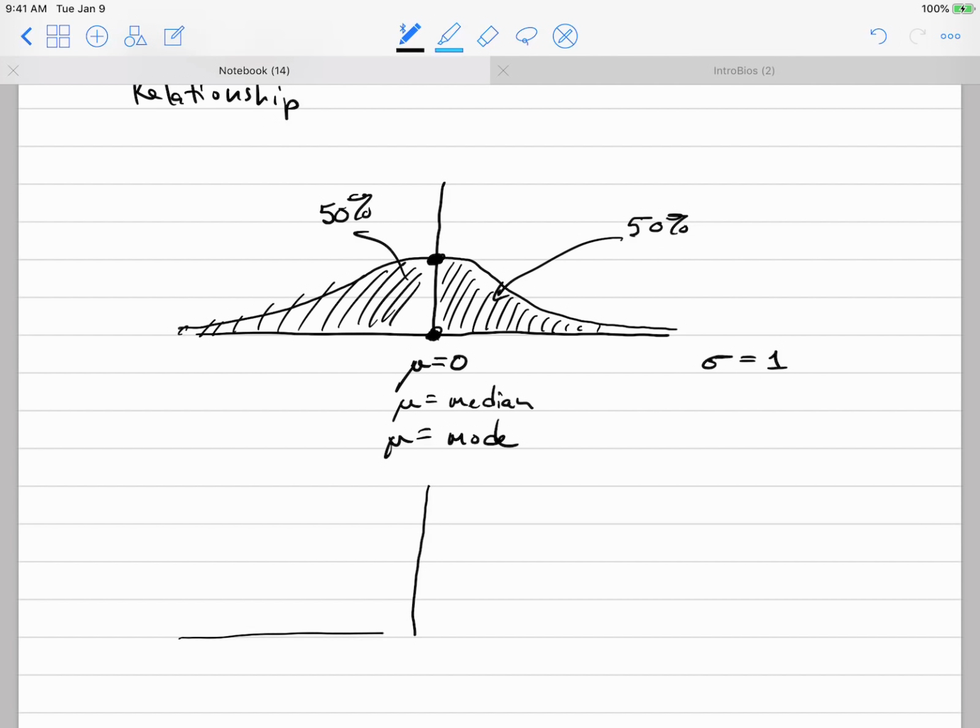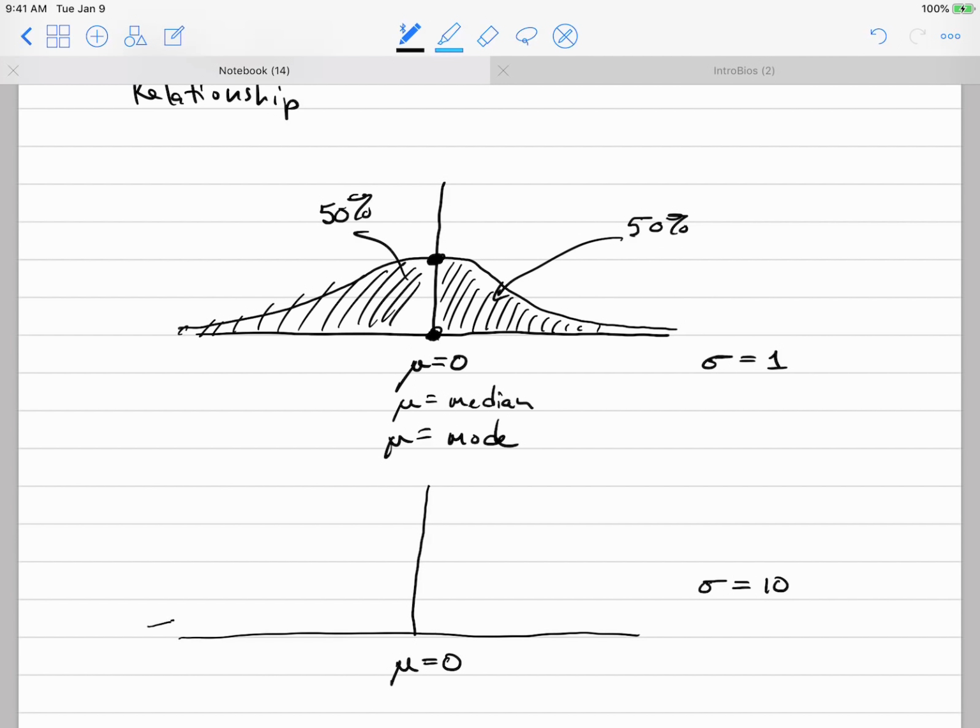Okay, but now what would happen if I increase my variance? Let's say instead of sigma equals 1, I look at a normal distribution with sigma equals 10. I'm going to keep the same mean, so I'm going to keep this thing centered at 0. But what would happen if we increase our standard deviation in this way?